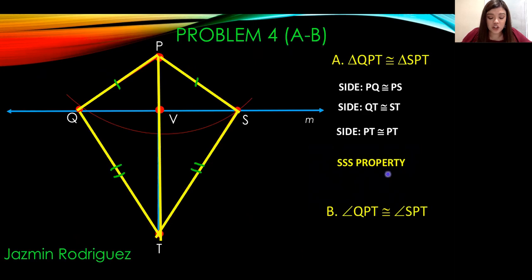Now, we just finished determining that line segment PQ is congruent to line segment PS, correct? Okay, and then that means that these are going to have corresponding angles because those sides are congruent. So once again, that's how we know that angle QPT is congruent to SPT.